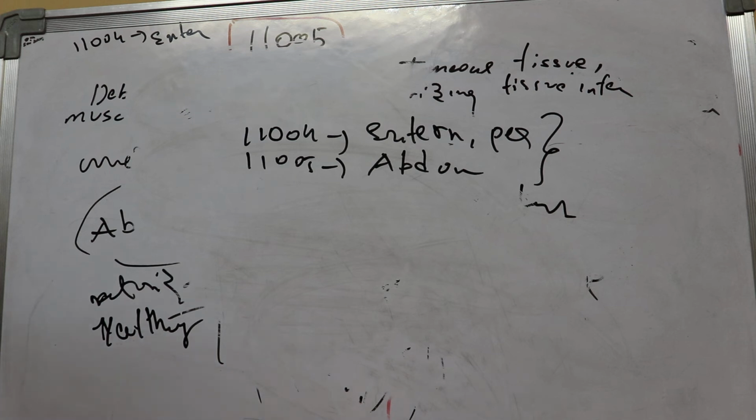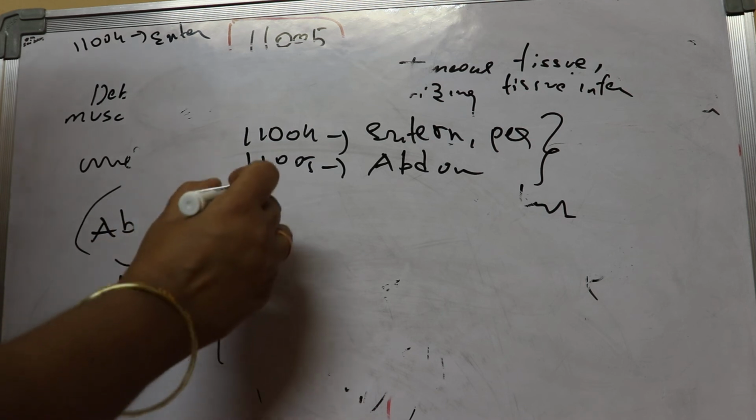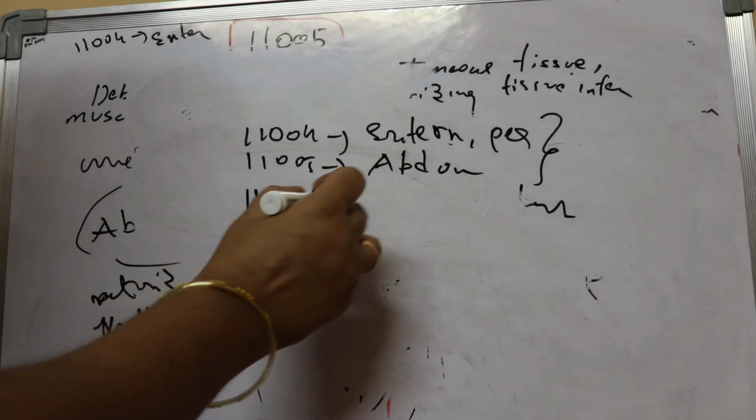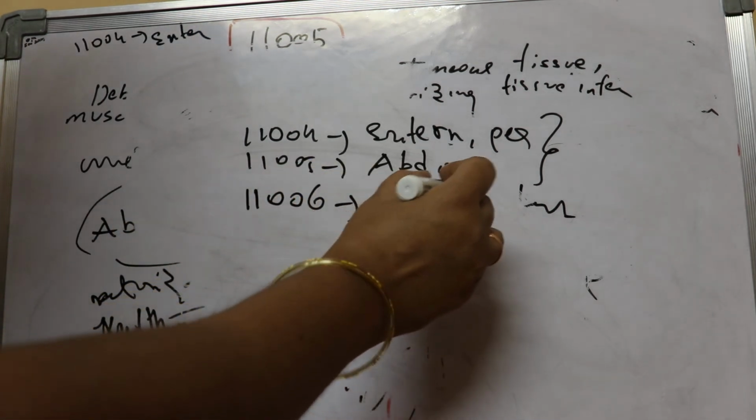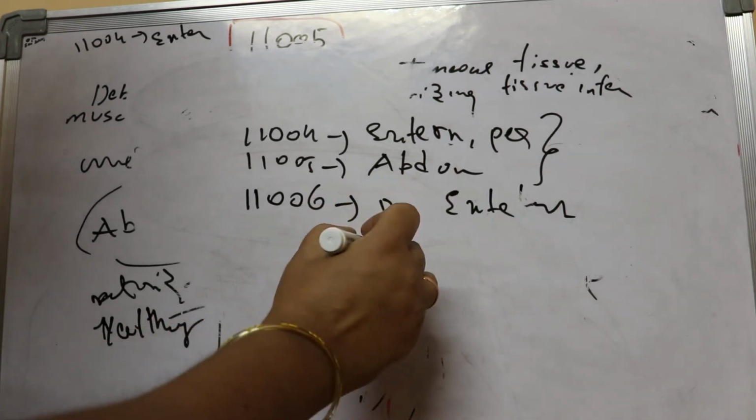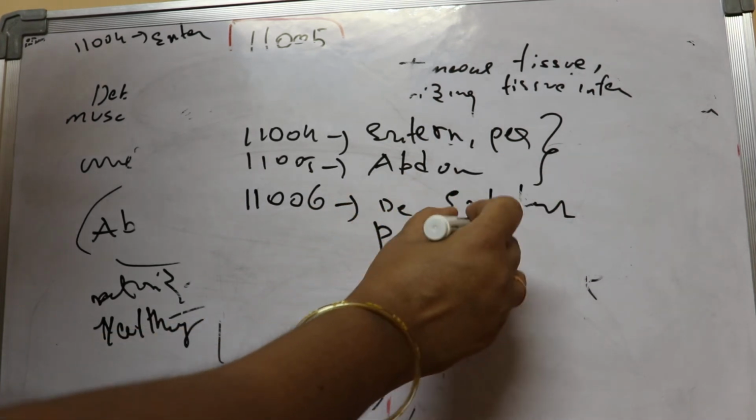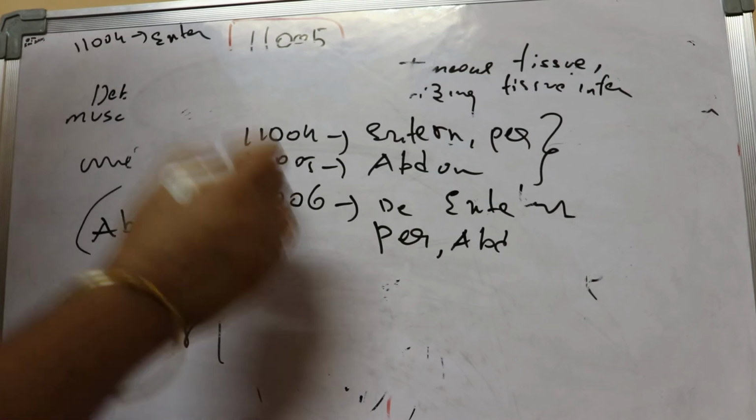Suppose the patient has wounds in all these three locations and the physician is performing debridement, then we have a separate code for that, that is 11006. This is the debridement of the external genitalia, perineum as well as the abdominal wall. So we have to bill only one code.